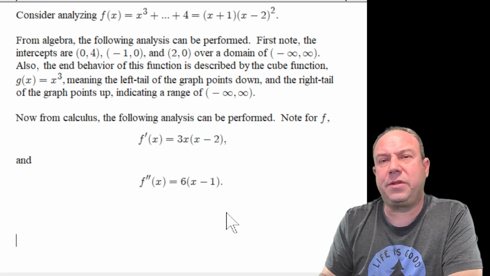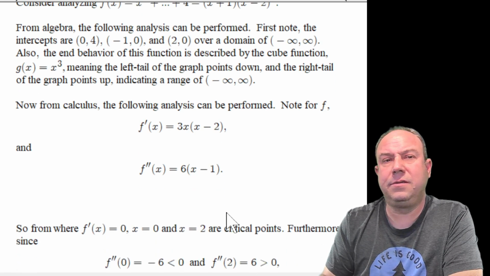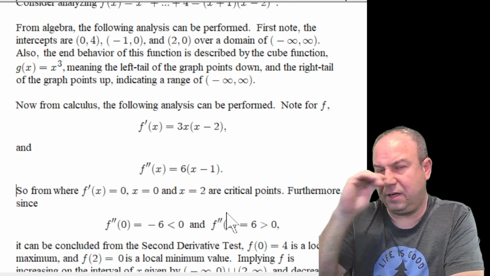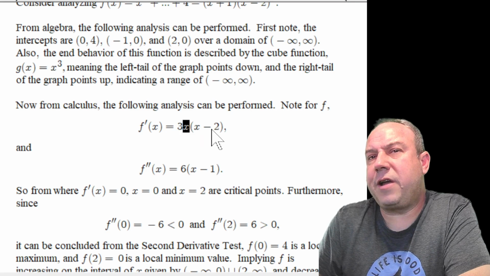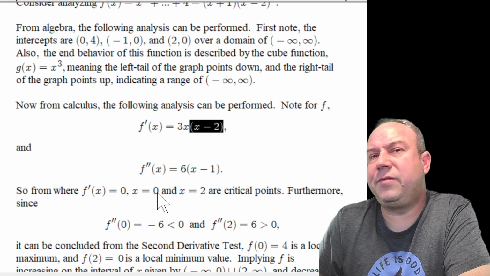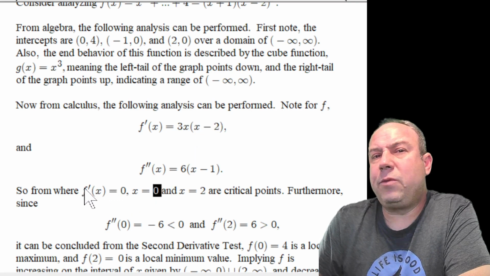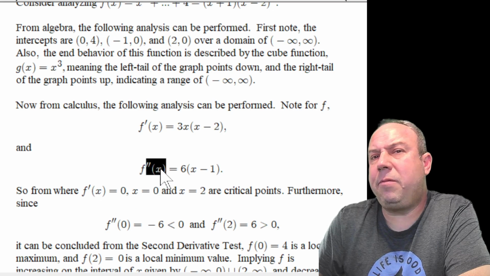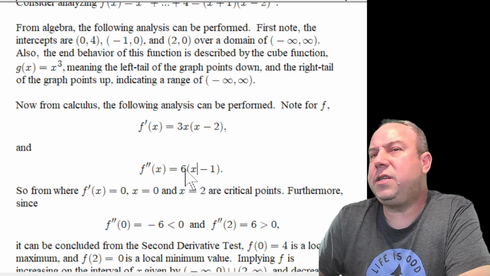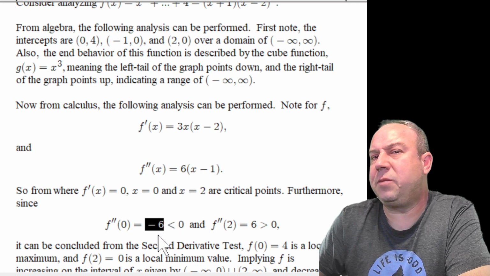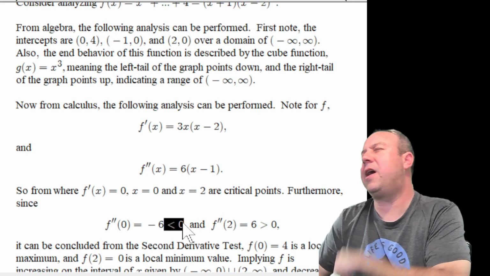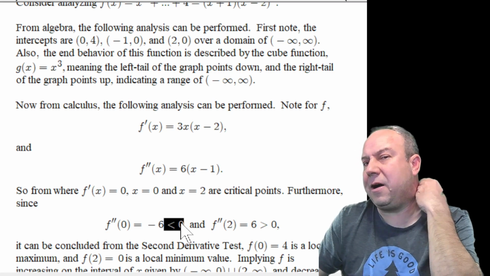If we start to put that together, right? If we take those two critical locations seen here in f prime at 0 and positive 2, and we substitute those into f double prime, we would see that plugging in 0 here, I am going to get negative 6, which is less than 0, indicating there I am concave down.